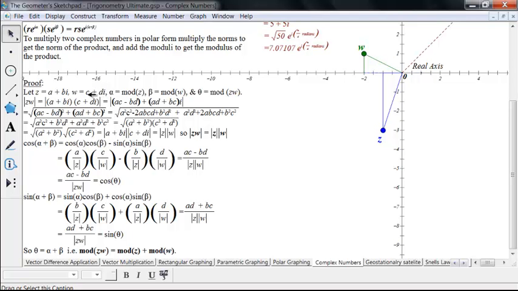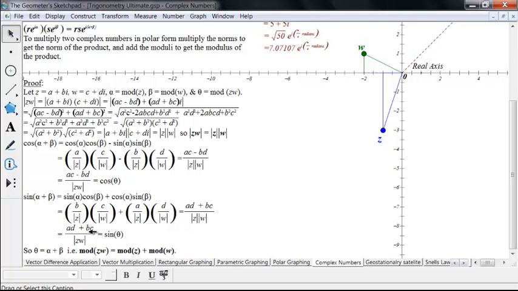Cosine of beta is c over the norm of w, plus cosine alpha, that's a over norm of z, and sine of beta, that's d over norm of w. So again, you get norm of z times norm of w for the denominator, and for the numerator we're going to get bc plus ad. I wrote it ad plus bc, same thing.